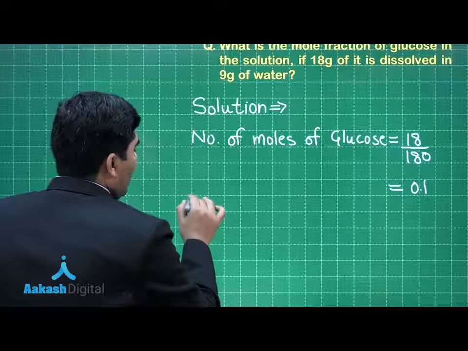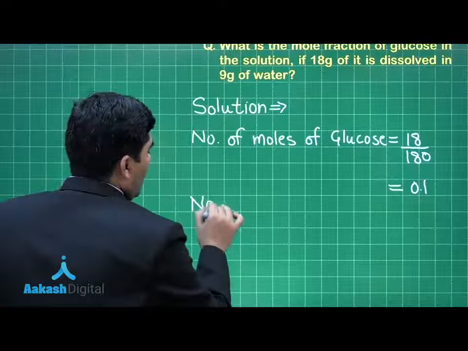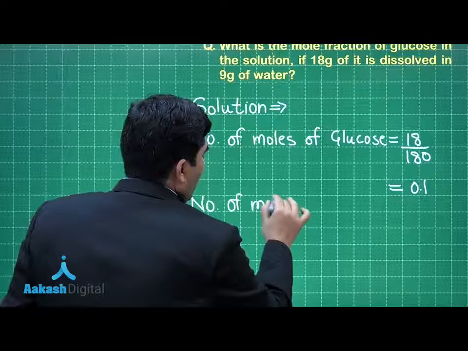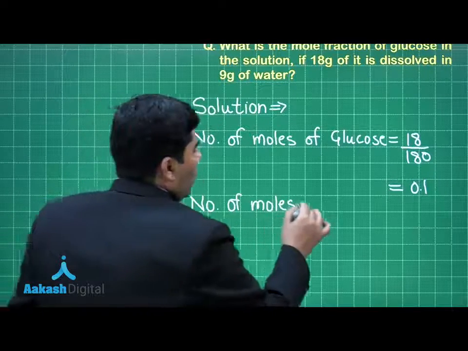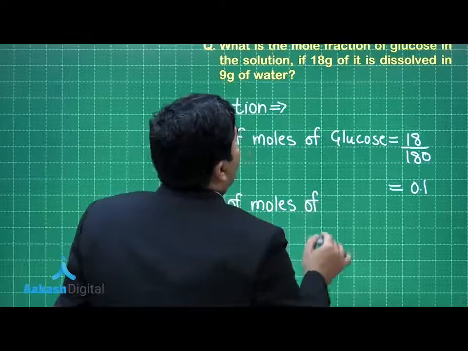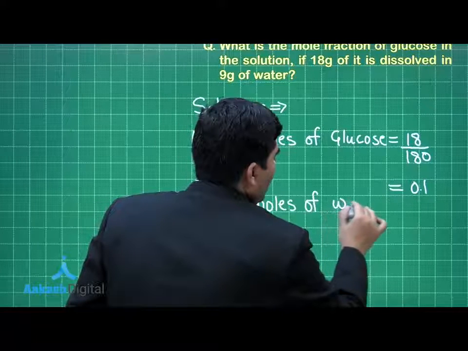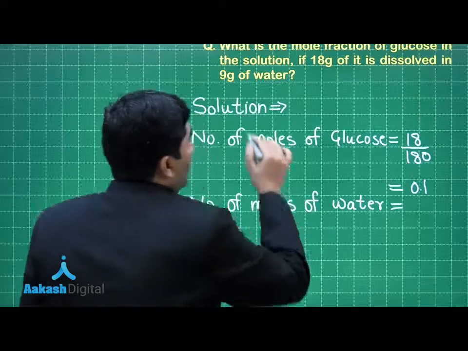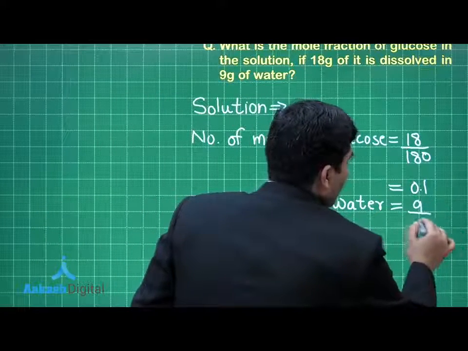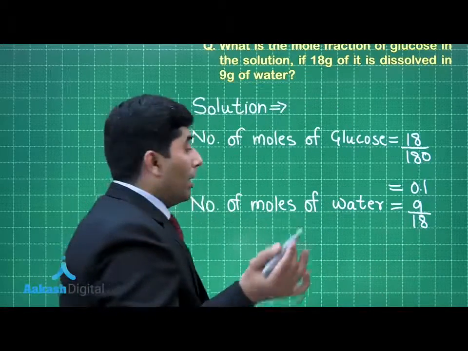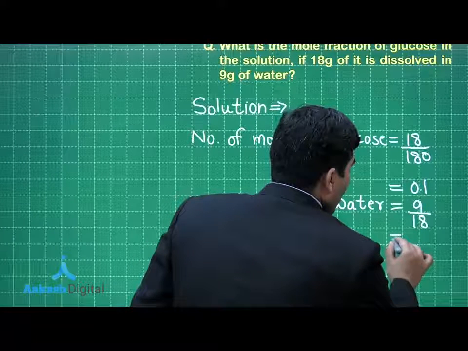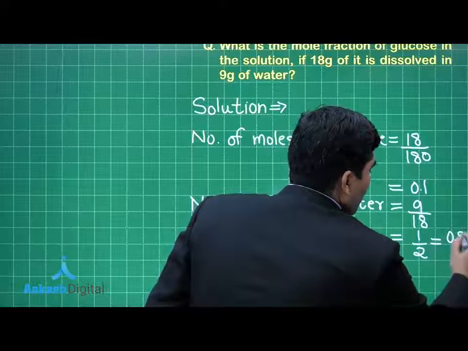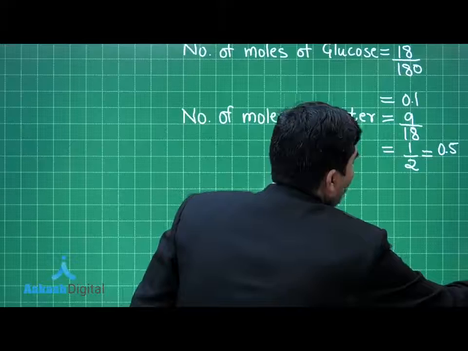The solvent is water. So the number of moles of solvent is equal to 9, the given weight, divided by 18, the molar mass of water, and that is equal to 1 by 2, which is equal to 0.5.